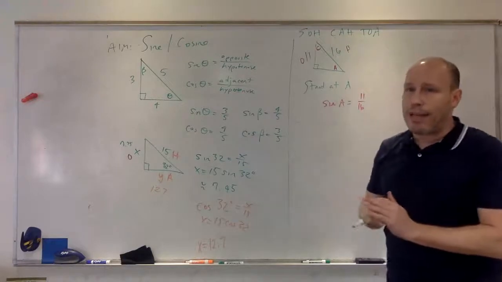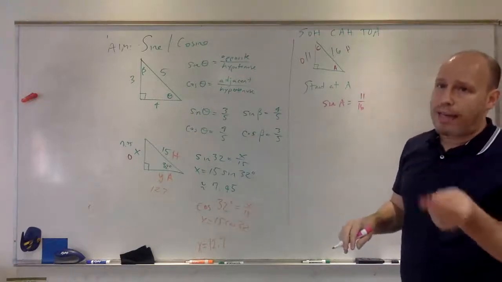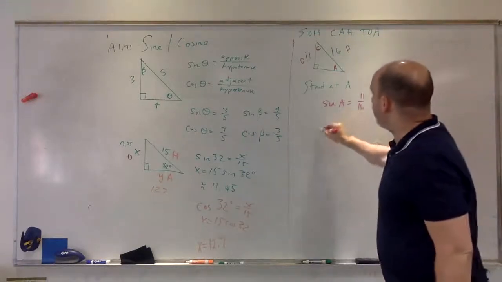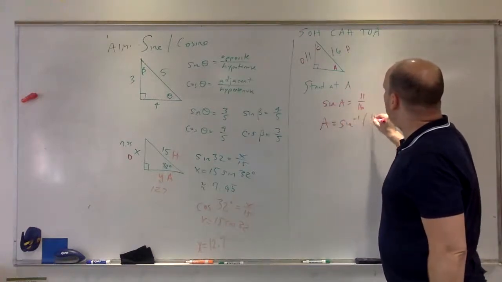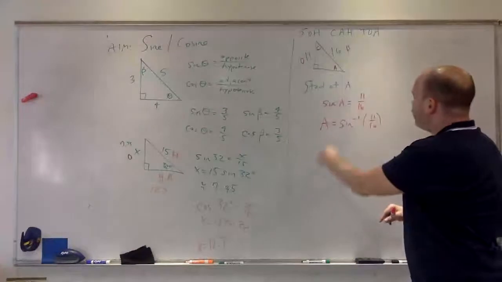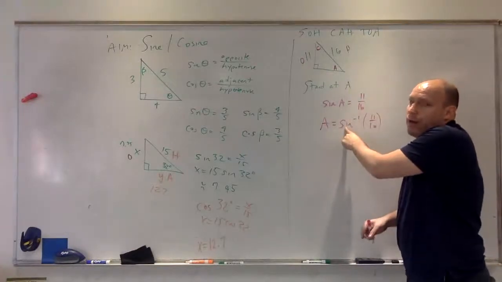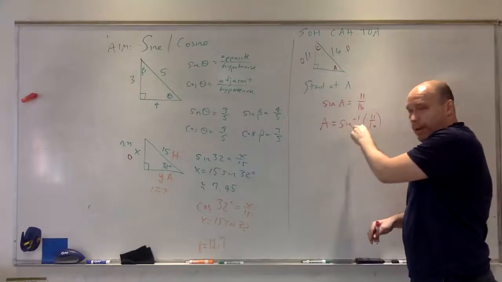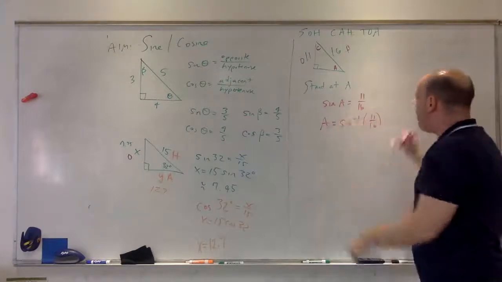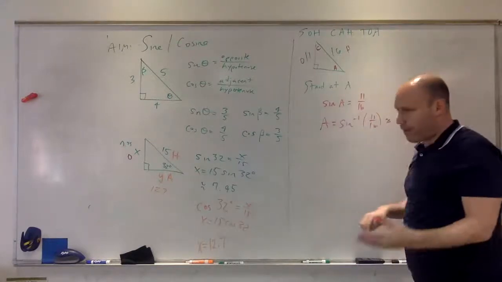Now we saw from the tangent lesson, the way to undo sine is inverse sine. So we're going to say that A is equal to sine to the negative 1 of 11 over 16. Please remember, this is not an exponent. Go to math, trig, and you'll see this symbol there, and that should give you the answer. Let's see if Siri can do it.